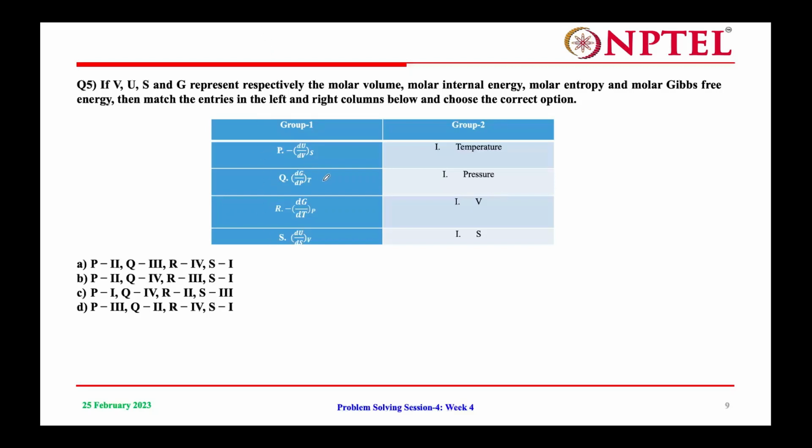All of you try to solve and tell the answer. Here in group 1 given dU by dV and dG by dP.